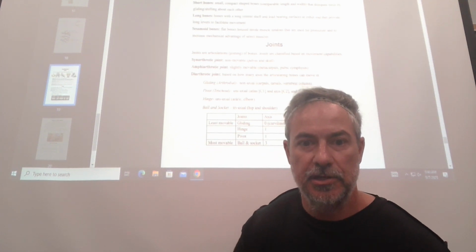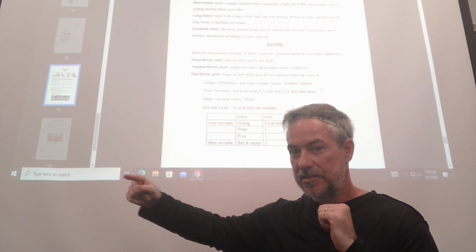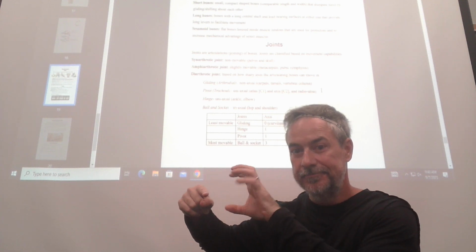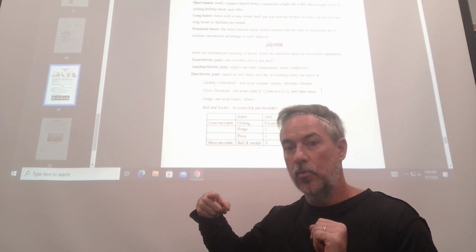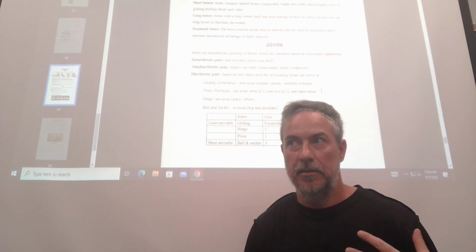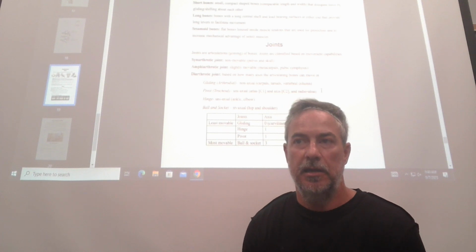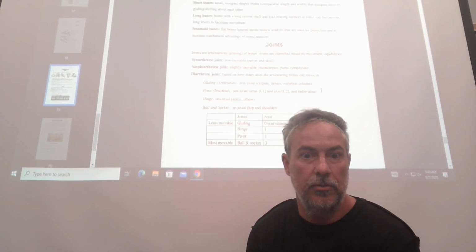That's a linear analogy. Rotational world, I can rotate about the side to side. I can rotate about the up, down, and I can rotate about the front, back.